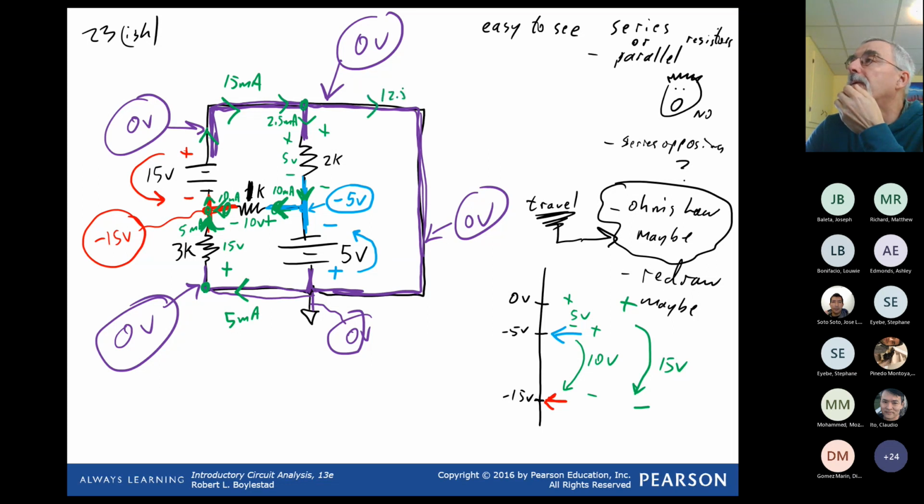This must be 12.5 milliamps. 12.5 milliamps enters here, loses 5. So we must have here 7.5 milliamps. 7.5 milliamps enters this junction, joins with the 2.5 to make up the 10. Yes.